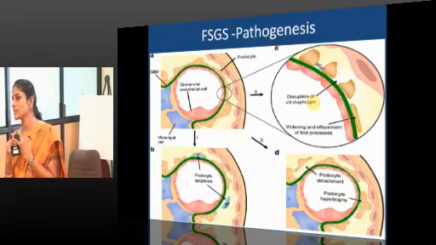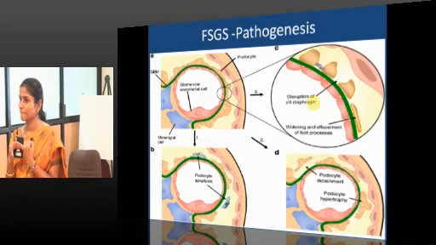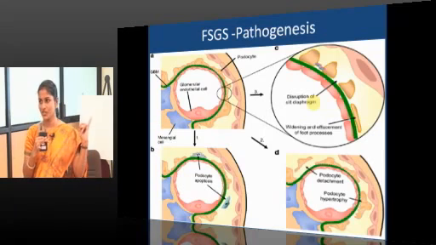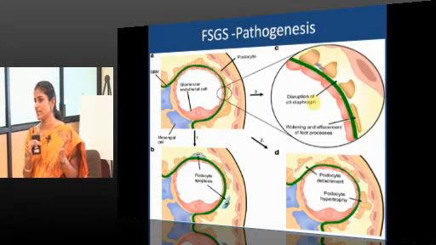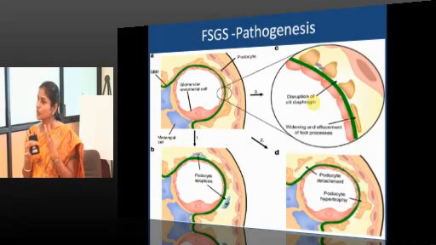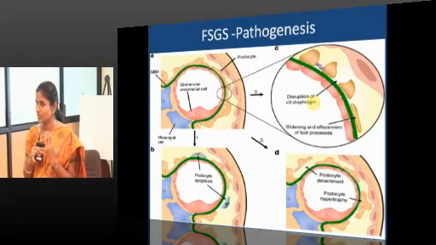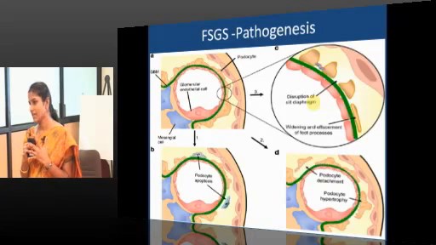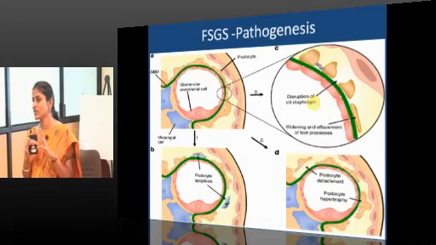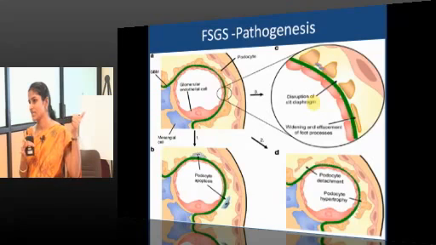Where else will you see effacement of visceral epithelial cells? Minimal change disease. Apart from effacement, there are other changes also: retraction, apoptosis, necrosis, hypertrophy of the epithelial cells. So, effacement, hypertrophy, detachment, necrosis, all such changes you see in visceral epithelial cells.